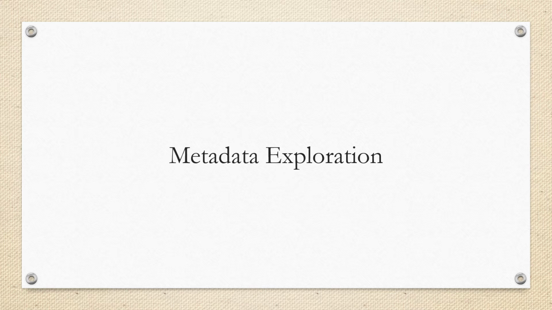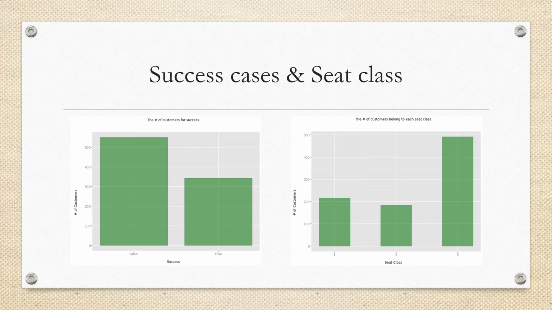The next step is metadata exploration, to see how much information we get from this data. The left graph shows the success case. You can see most customers' booked trips failed.